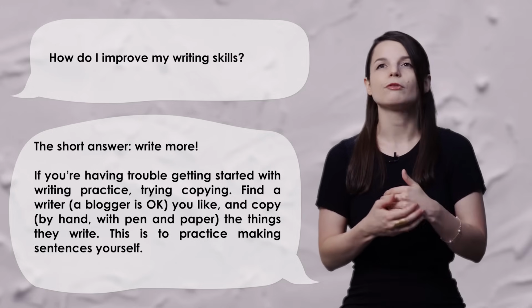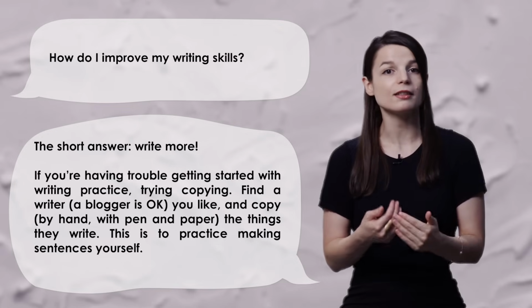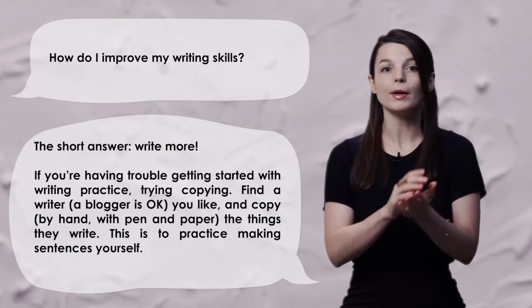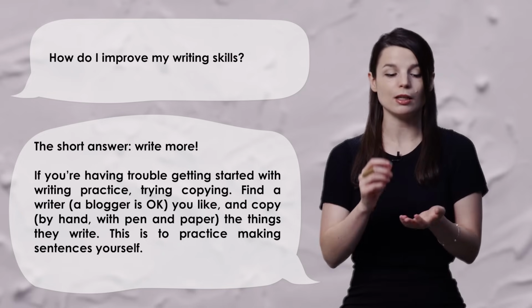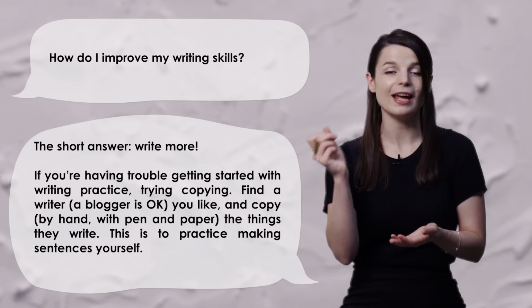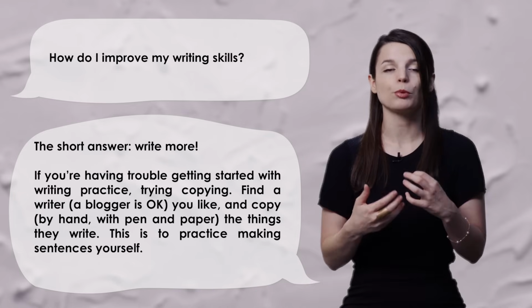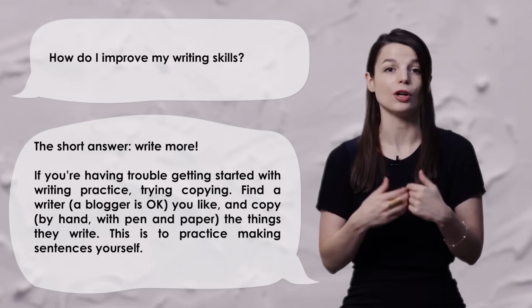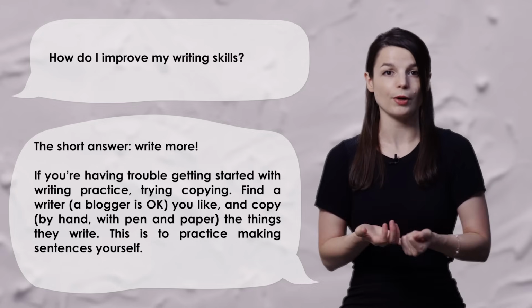So if you find a blogger that you really enjoy and it's easy for you to read, you can start by copying the lines from that blog. When I say copy, I mean write by hand, like with a pen and paper. Try writing those things by hand so you can practice creating a sentence on your own. This can be a really good way for you to begin writing practice.